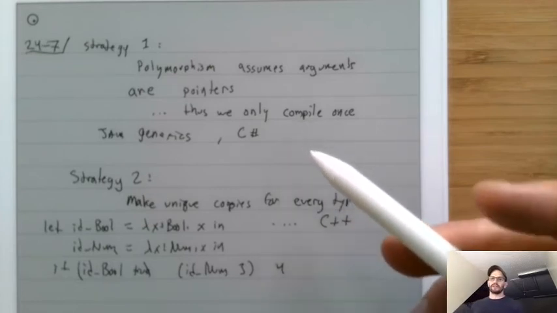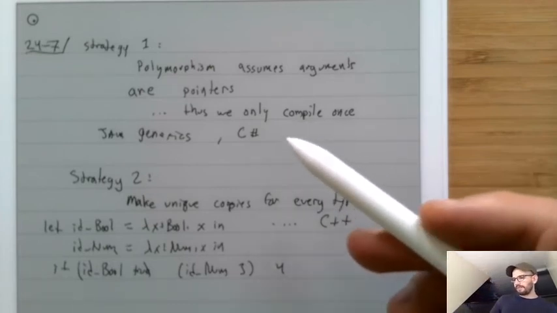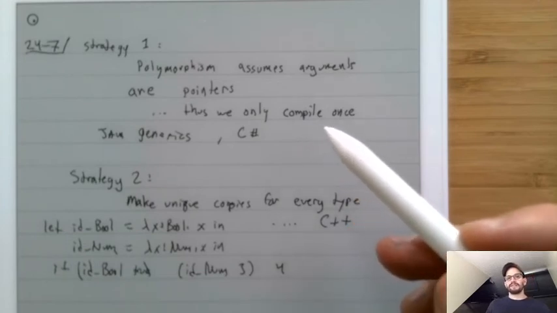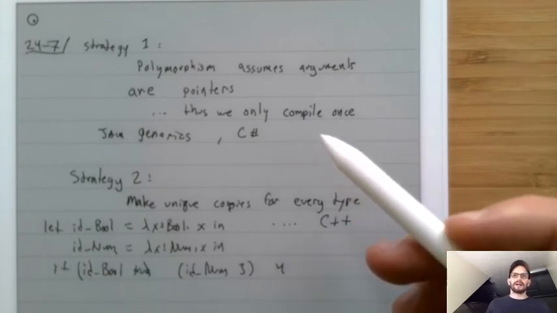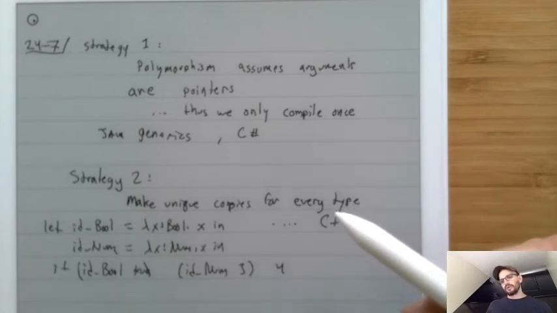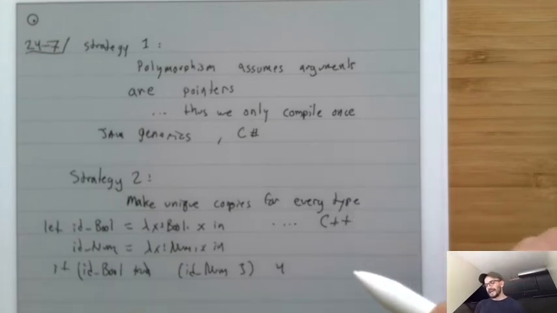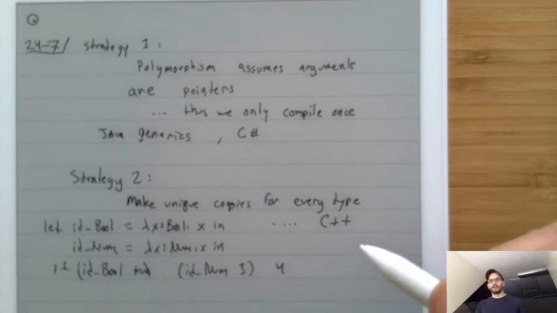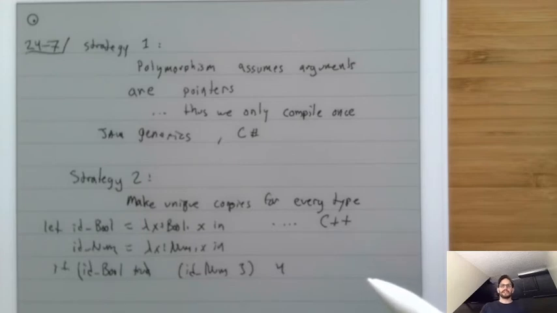It makes it so that the code size is smaller. But it also can be less efficient because it means that the code is not specialized for what kind of value is actually there. Similarly, strategy 2 does have the downside of making this so that things compile longer, but it has the advantage of being able to take advantage of optimization opportunities on a per type level. So there's no correct way to do it, is my point.